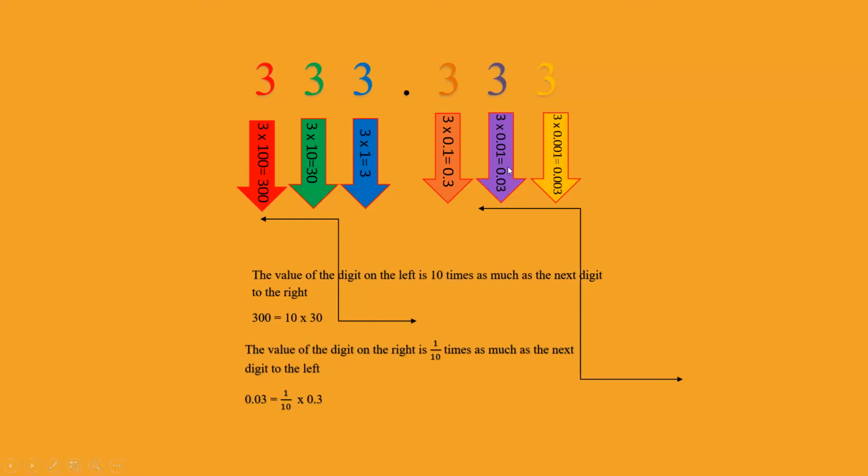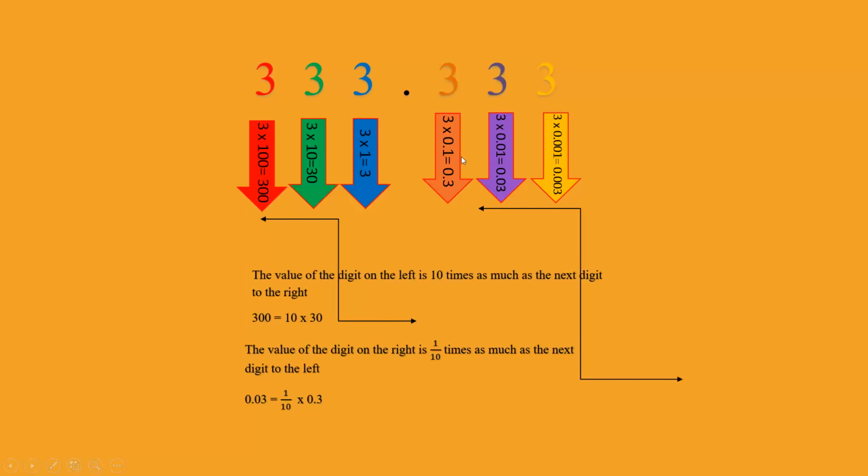Okay, again, 0.03 is 1/10 of 0.3. The value of the digit on the right is the one after the decimal point.